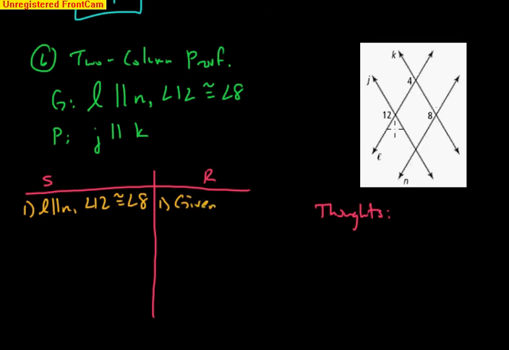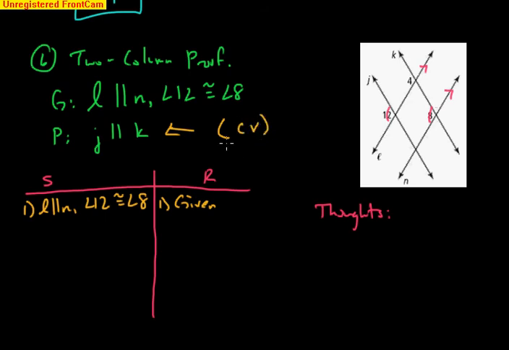I'm going to mark it in red. L is parallel to N, and 12 is congruent to 8. Okay. Alright. So hopefully you see that we have to prove this. And if we have to prove that, that means a converse has to be used because we're proving lines parallel.